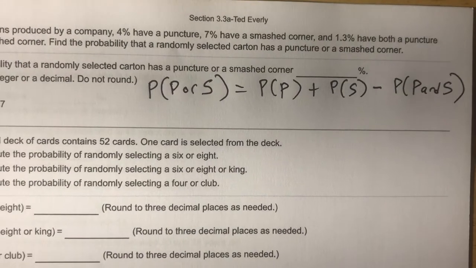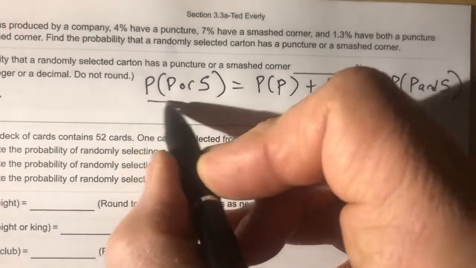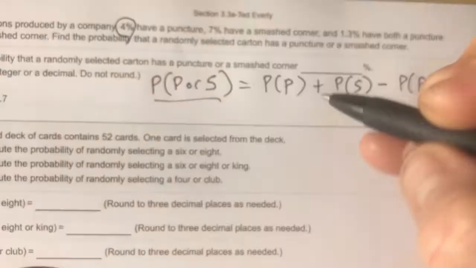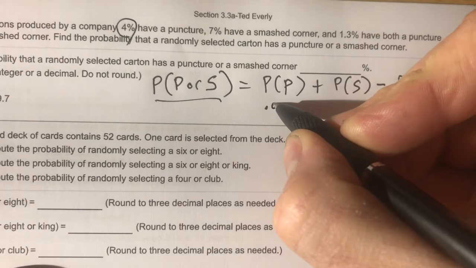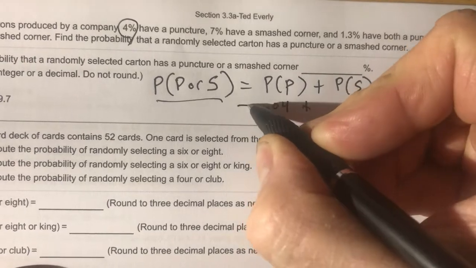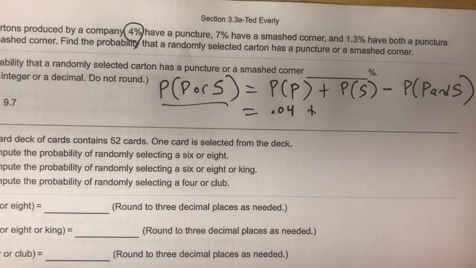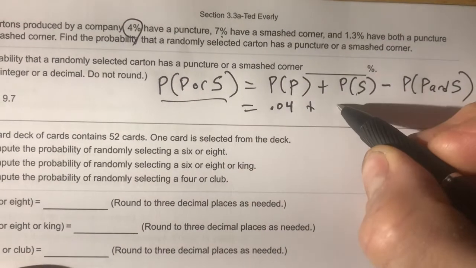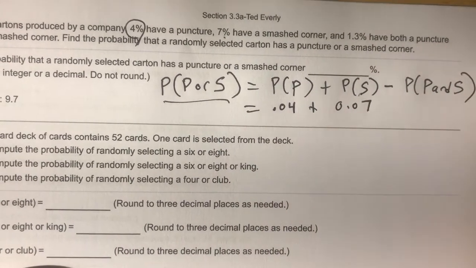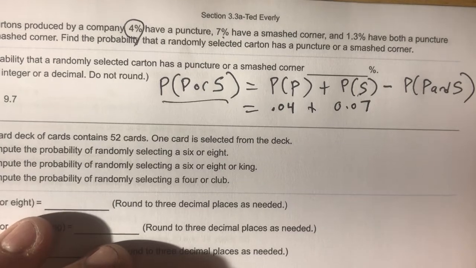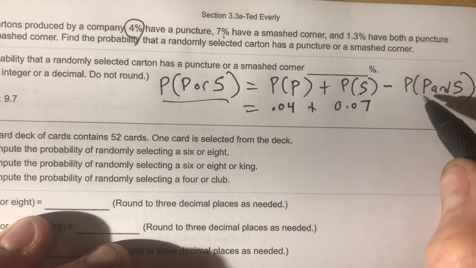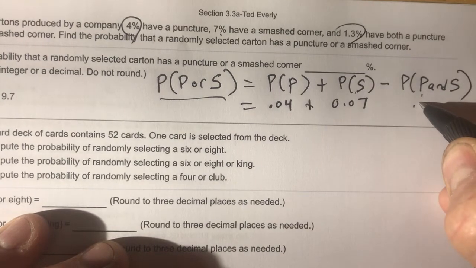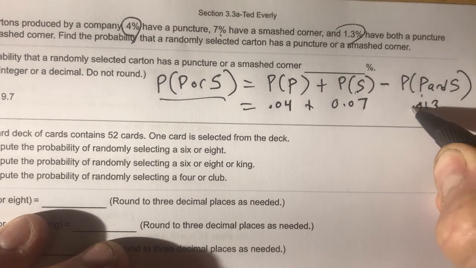Okay, maybe you're getting the hang of this now. What's the probability that it has a puncture? Right there, 4%. So that's 0.04. What's the probability that it has a smashed corner? Right there, 7%. So it's 0.07. And the probability that it has a puncture and a smashed corner? Right there, 1.3%, which is 0.013.